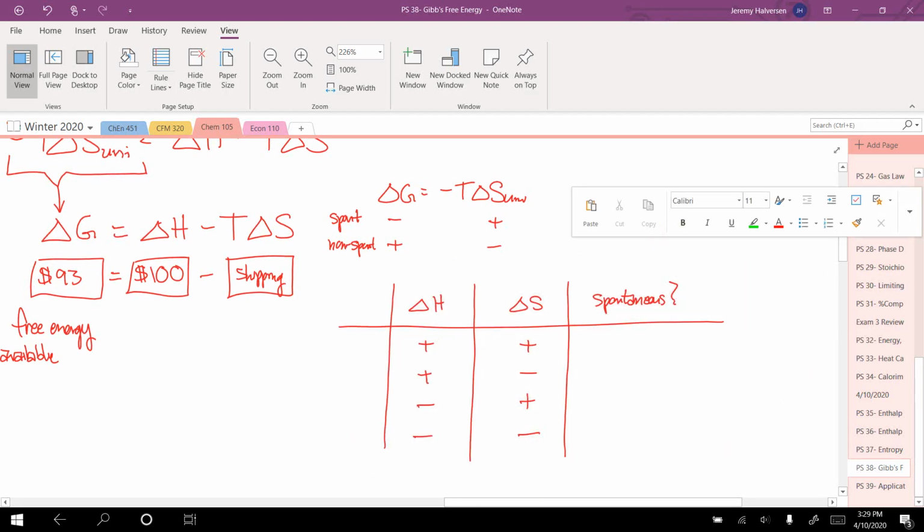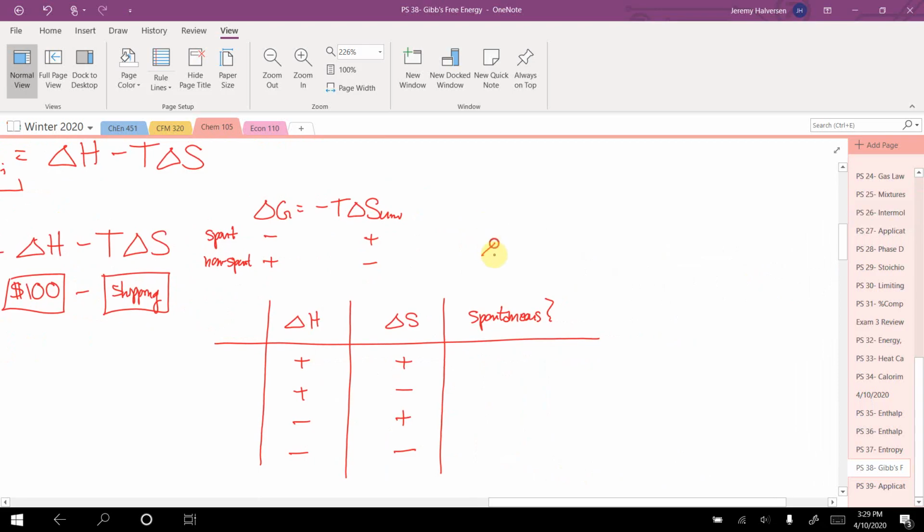Again, our equation is delta G equals delta H minus T delta S. All right, so let's say delta H is positive and delta S is positive. If temperature was 0, this whole term would go away and delta G would be positive. So we know at very low temperatures, like temperature 0, this is not spontaneous because delta G is positive.